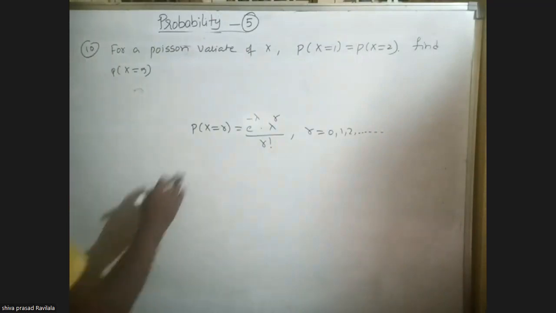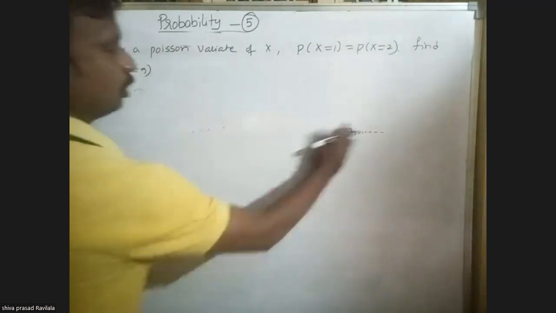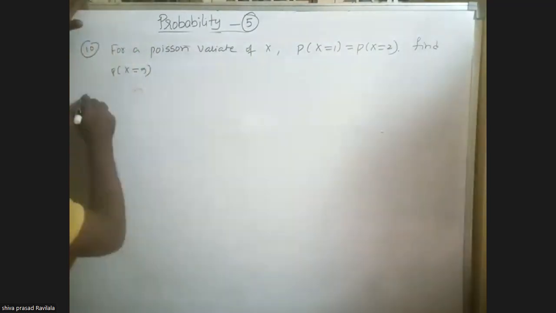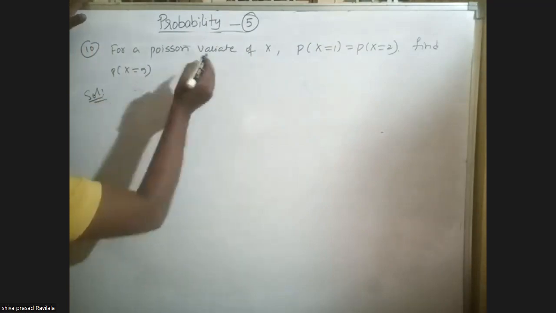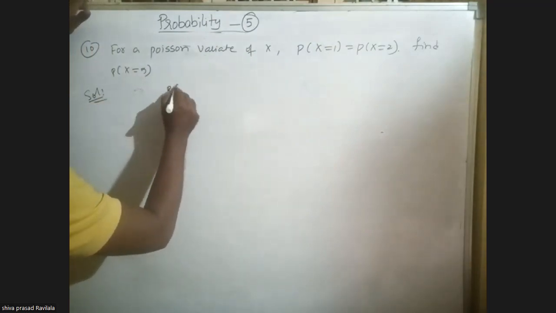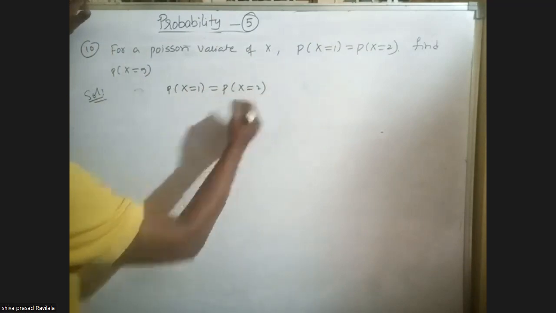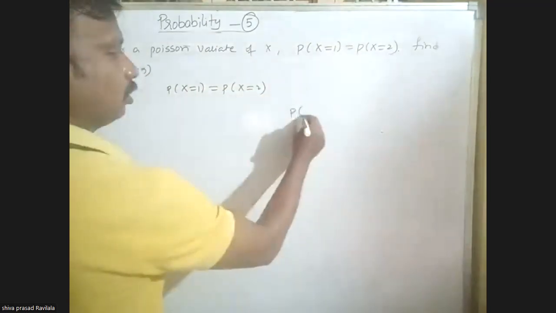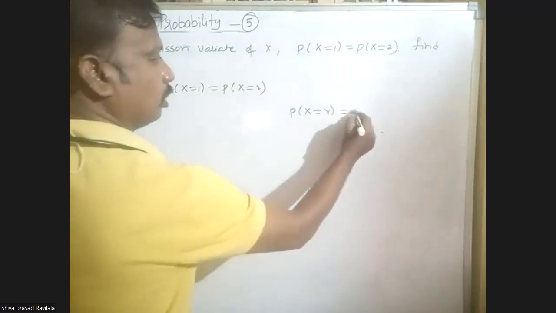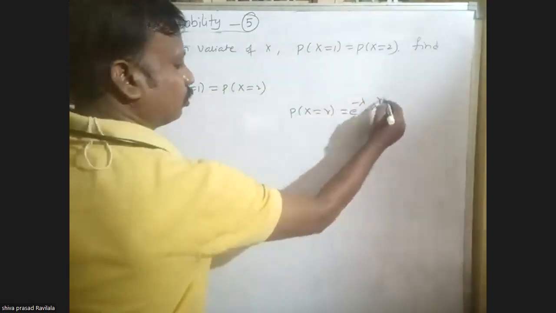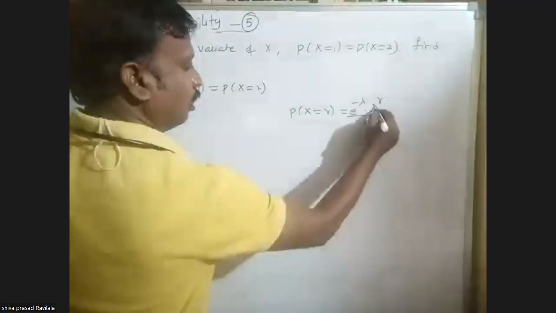Probability of X is equal to 1 is equal to probability of X is equal to 2. This condition is given. By using the formula, you find lambda. What is our formula? e power minus lambda into lambda power r by r factorial.